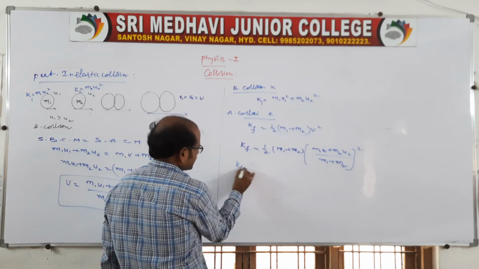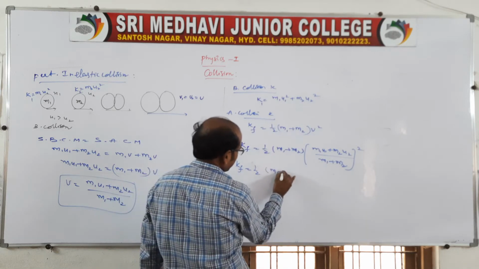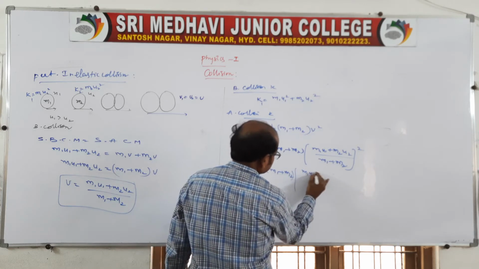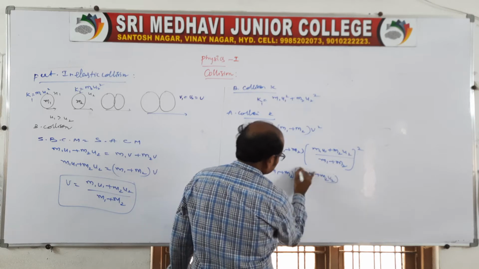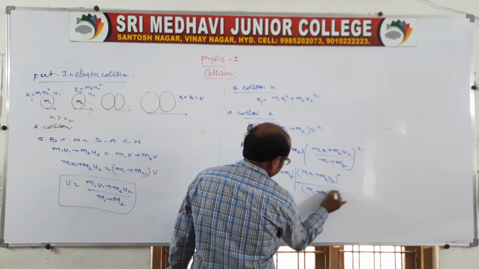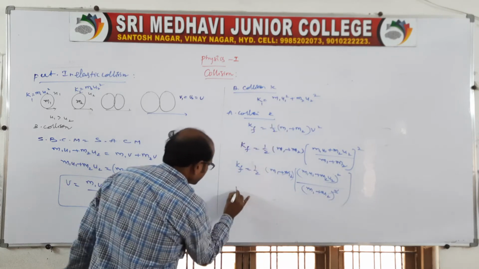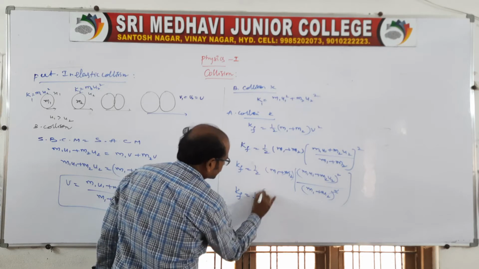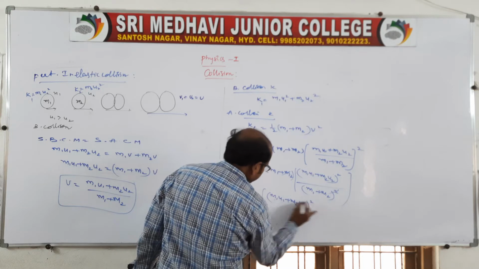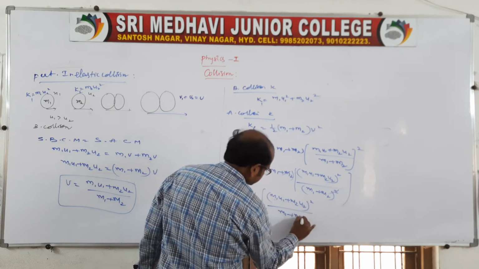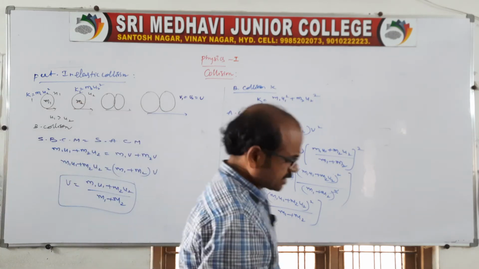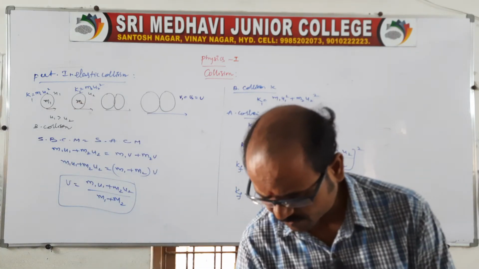On simplification, one (m1 plus m2) gets cancelled. Therefore the final kinetic energy is 1 by 2 into (m1 u1 plus m2 u2) whole square by (m1 plus m2). Clear?